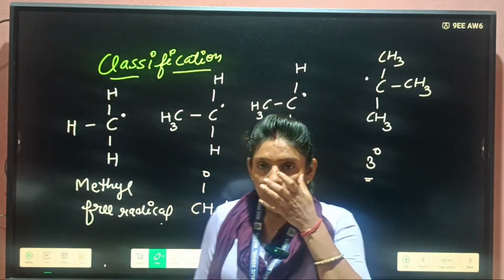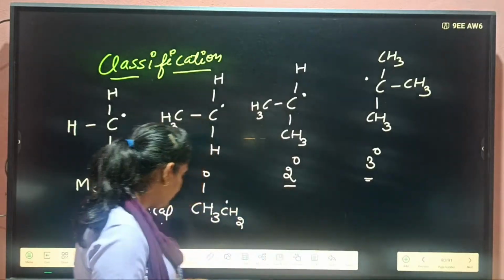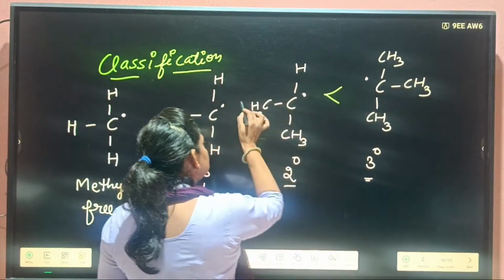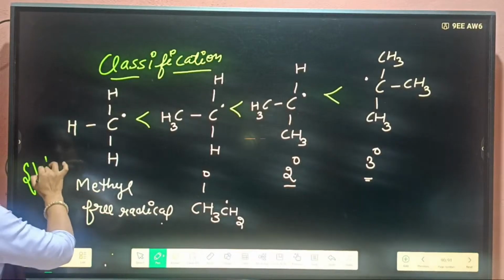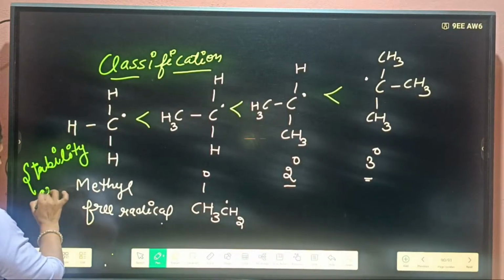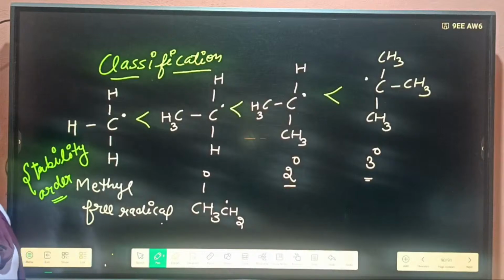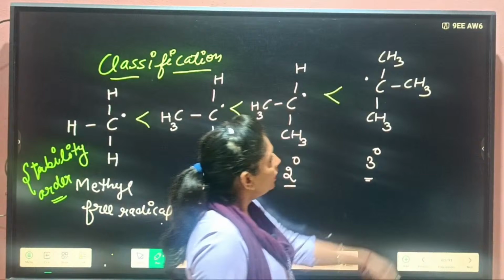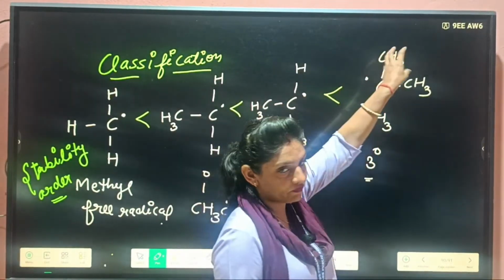Students, if we talk about stability, the stability order will be the same as that of the carbocation. What was the stability order in carbocation? 3 degree to 1 degree, then methyl. So here also this will be the stability order. Why? It has one electron, so it is also an electron deficient species.